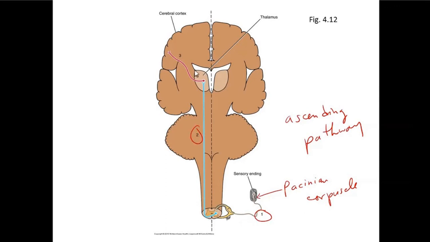So you have one neuron, there's another one, and a third neuron. So this is an ascending pathway going from the Pacinian corpuscle sensory path, going back up the spinal cord and to the cortex.